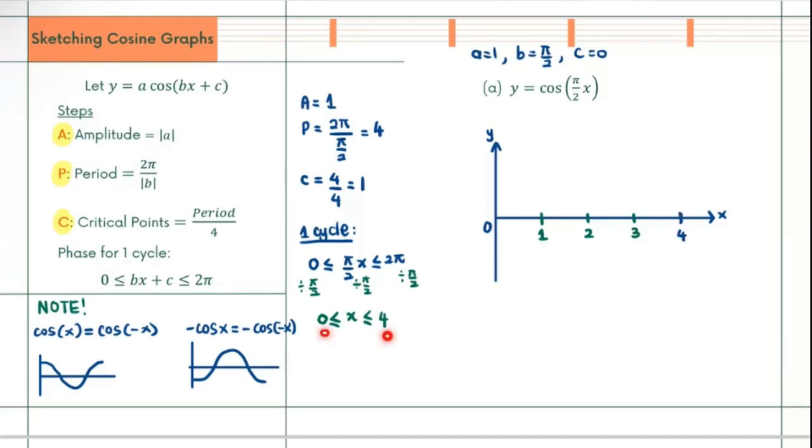So 0 until 4, that's right. The shape is positive of course. Our maximum is 1 and our minimum is negative 1. So we start at the top at 1, then go down to the x-axis, down further to negative 1, back up to the x-axis, and end at 1. So the shape of our function will look like this.